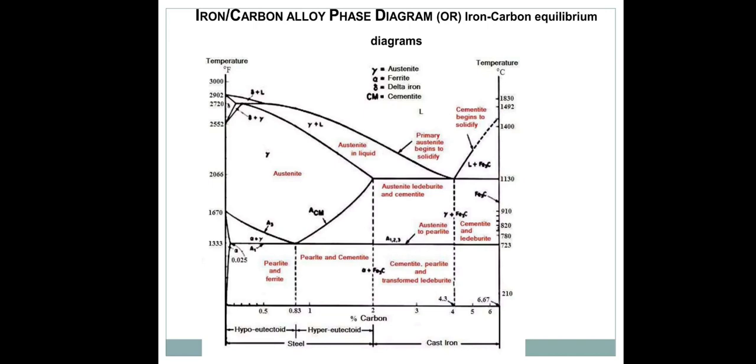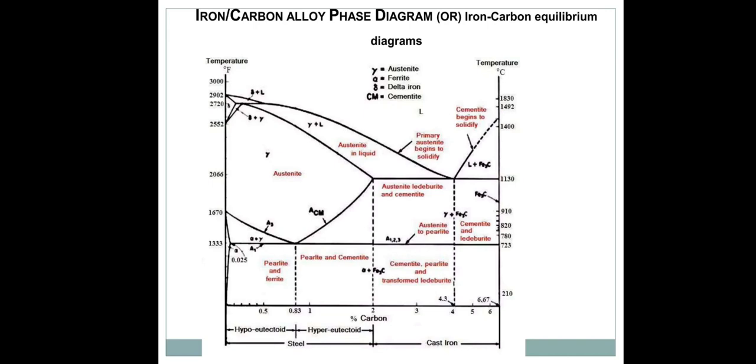If a sample of 0.38% carbon steel, which we take as a hypoeutectoid steel, is heated to about 875 degrees centigrade, pointing in the figure, for a sufficient time, its microstructure will become homogeneous austenite.